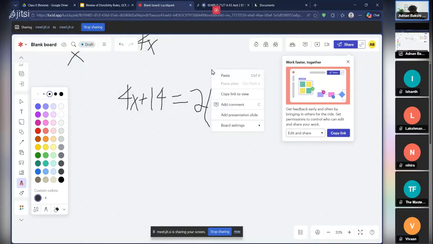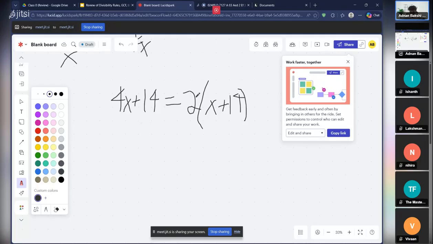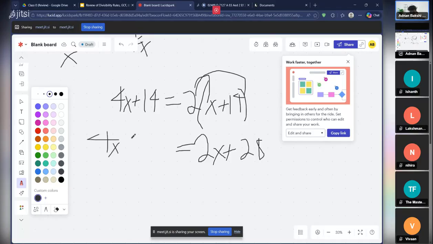Okay, then we have to distribute the 2 to both numbers, so it'd be 2x plus 28 is equal to 4x plus 14.